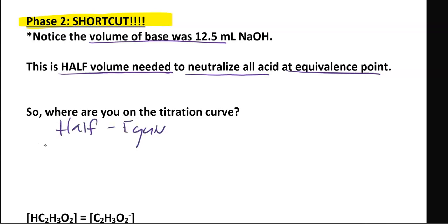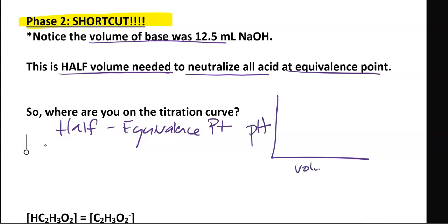I'm going to do a really simple sketch of where we are on the graph. So remember, curves up, kind of fishtail, and then whoop, whoop. We are right here. Volume-wise, that is exactly half the volume needed before we neutralize the entire acid.